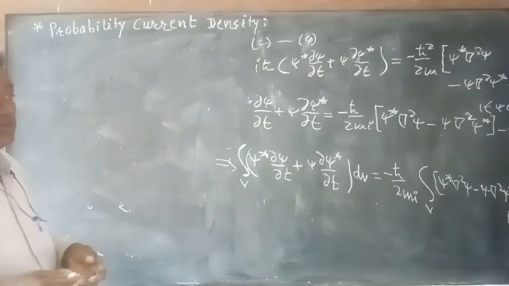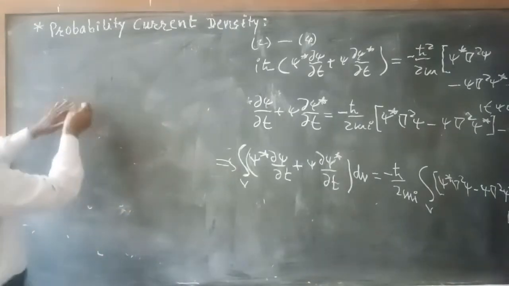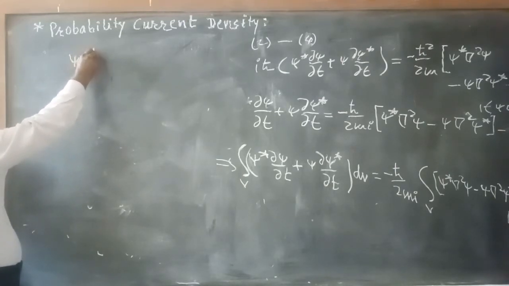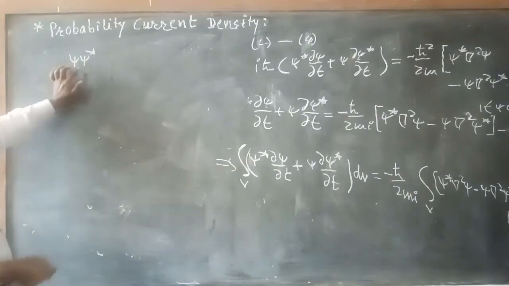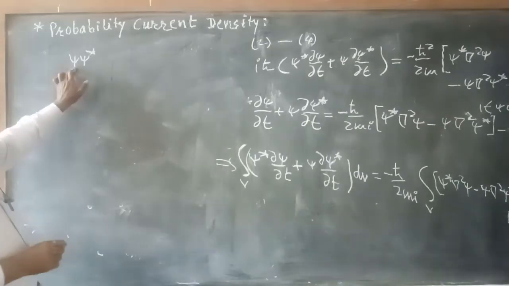Now according to Max Born, the ψ itself has no physical significance, but ψ into ψ*, its complex conjugate product, gives rise to some meaning, and this is related to the probability of finding the particle described by the wave function ψ.